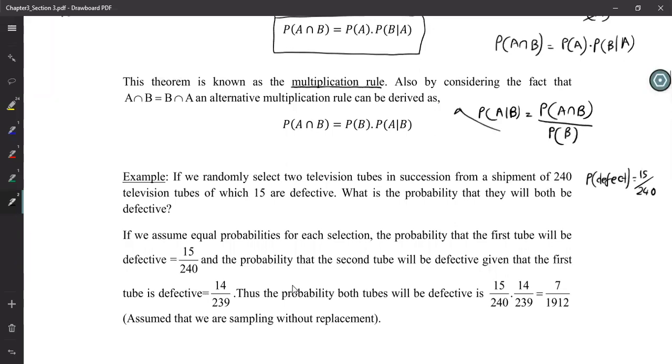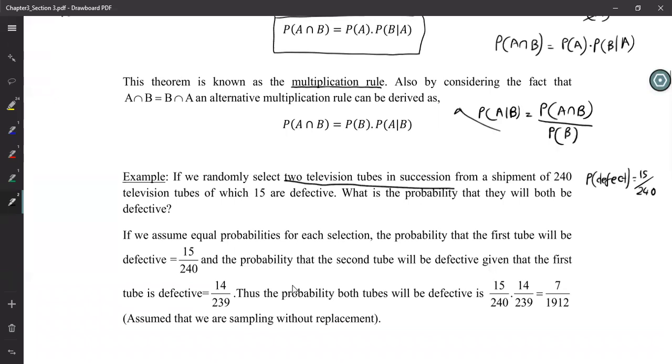You are going to select 2 television tubes in succession. What does that mean? You pick one, you look at whether it is defective or not, put it away, and pick another one. And again, check whether it is defective or not. Now, you have to find the probability that both of them will be defective.